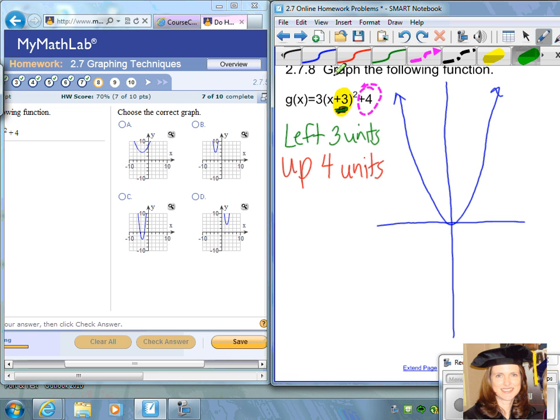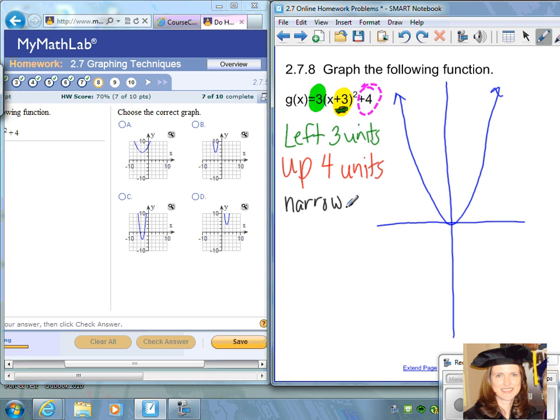And then finally, that 3 out in front would indicate that the graph has been transformed by becoming more narrow. We can also call that a vertical stretch.